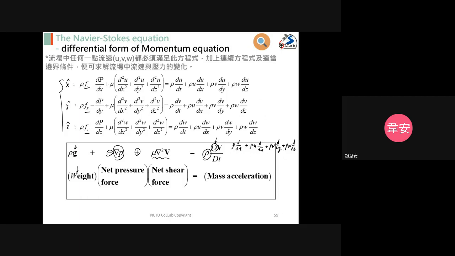If you take a look, this part is always ∂/∂t, so we call that the local acceleration.